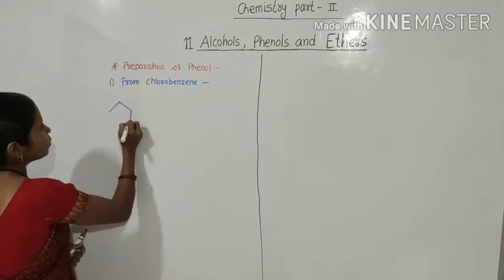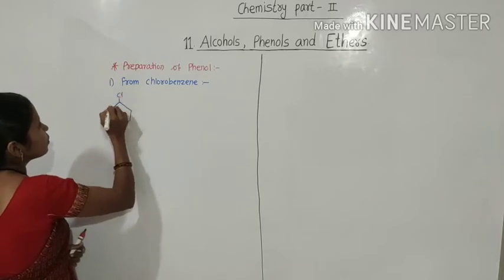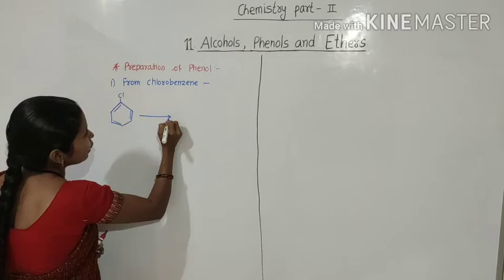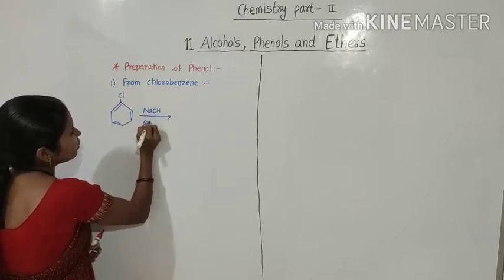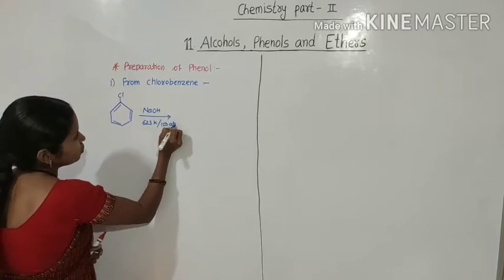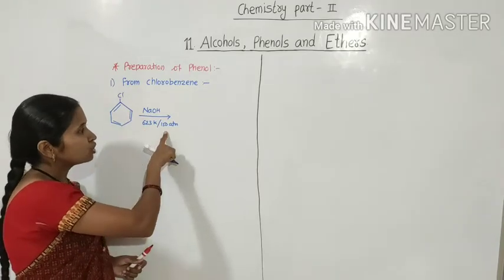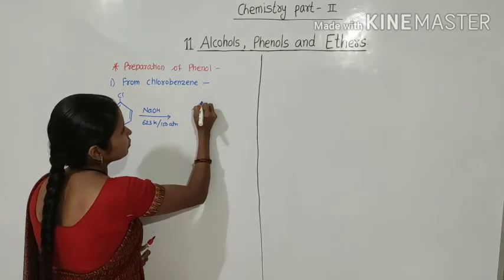Here chlorobenzene is fused with NaOH at high temperature and pressure, 623 Kelvin and 150 atmosphere, to form sodium phenoxide.